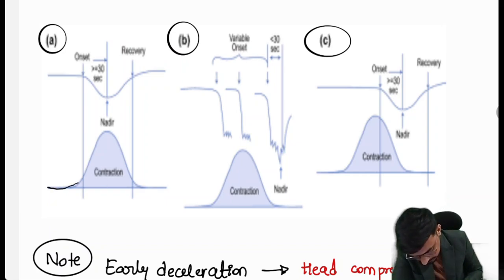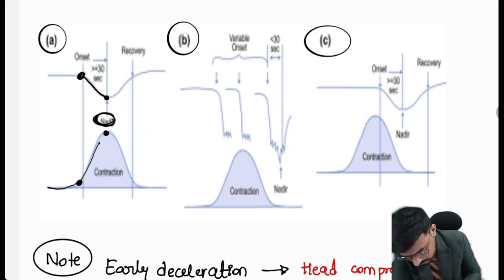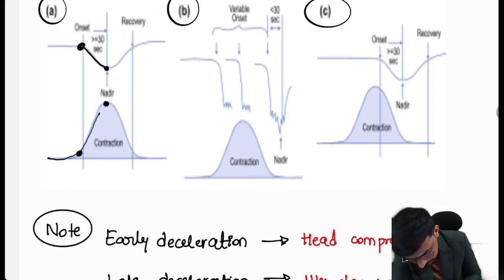When the uterus starts to contract, at the beginning the fetal heart rate onset starts to decrease. When the contraction is at its peak, the fetal heart rate is at nadir. Nadir means the lowest point of the fetal heart rate.